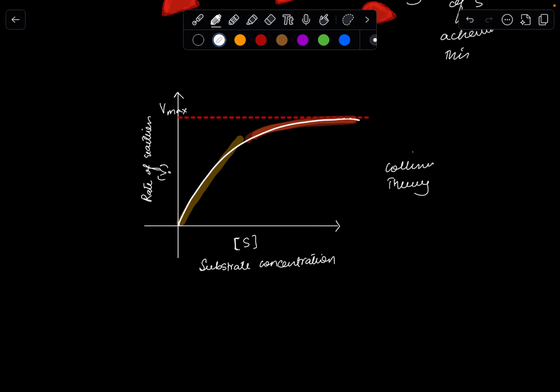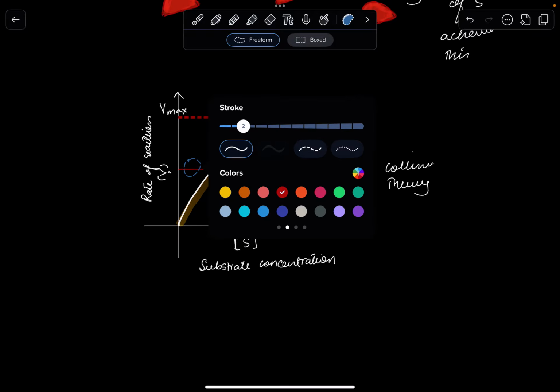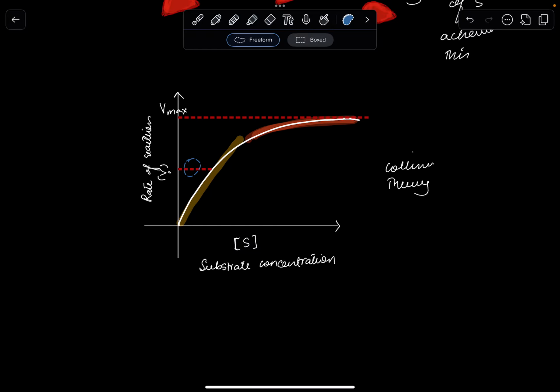Now half of Vmax would be somewhere, let's say here. Why would it be here? Because again, it's Vmax over 2, so just go somewhere like this. And then let's draw a line down to the substrate concentration.